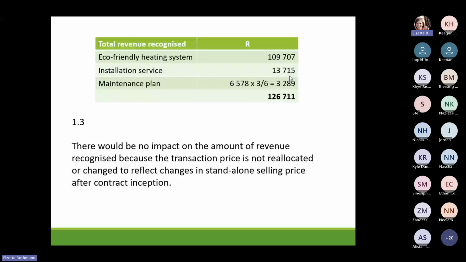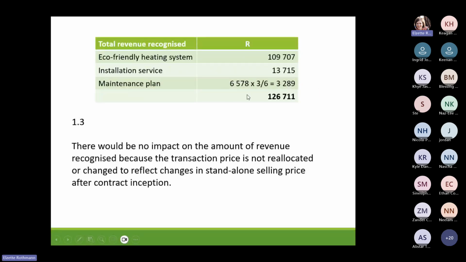But then on the maintenance plan, on that 6,578, we can only recognize 3 of the 6 services. Okay, so that total is for the 6 services, but we only had 3 in this current year. So then we can only recognize 3,289 Rand.